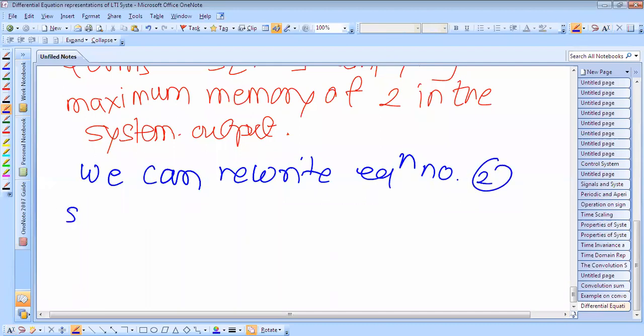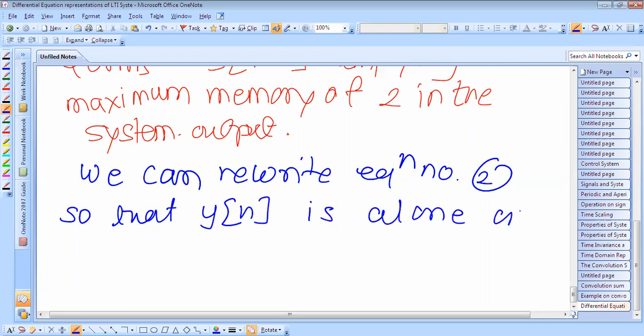So that y of n is alone on the left hand side, so that we can get the output only.